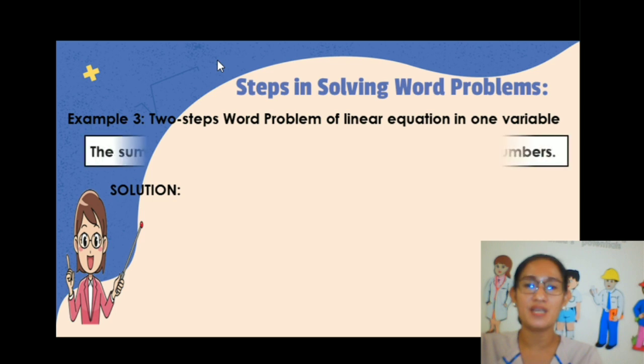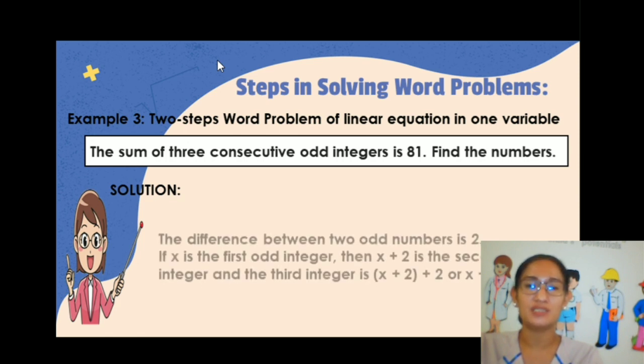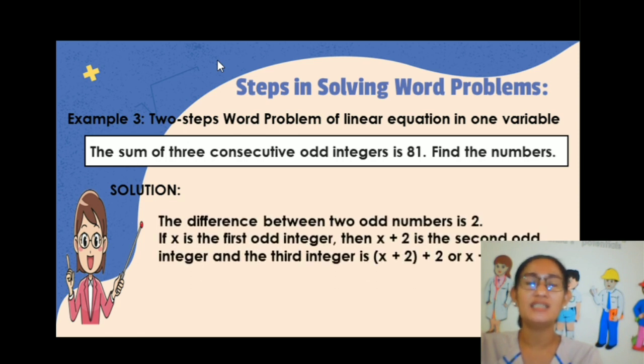Example number 3. The sum of three consecutive odd integers is 81. Find the numbers. Let's have the solution. The difference between two odd numbers is 2. If x is the first odd integer, then x plus 2 is the second odd integer, and the third integer is x plus 2 plus 2, or x plus 4.